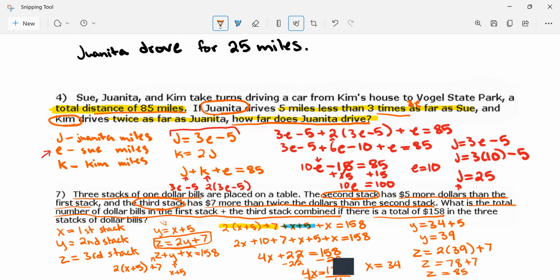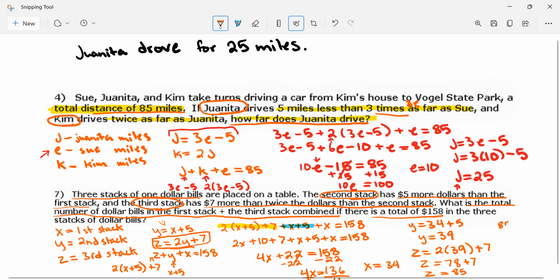34 plus 85. 5 plus 4 is 9. 8 plus 3 is 11. So that's going to be 119. So the total number of dollars in the first stack and third stack combined is $119.